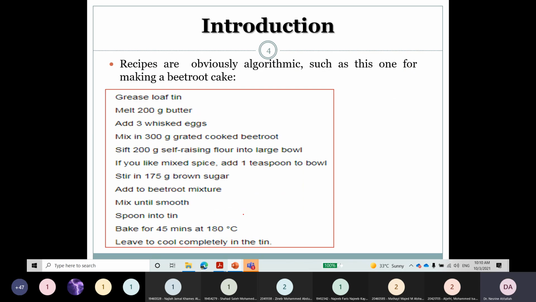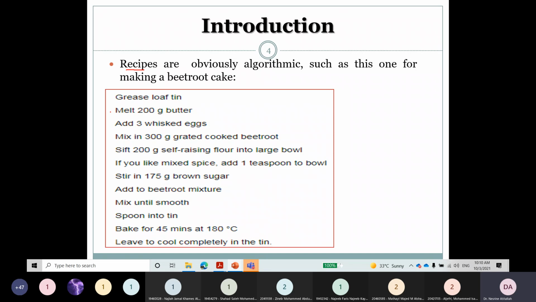Another obviously algorithmic example is recipes. When you prepare a cake or whatever meal, you follow some steps, and this is an algorithm. It is called a step-by-step algorithm.